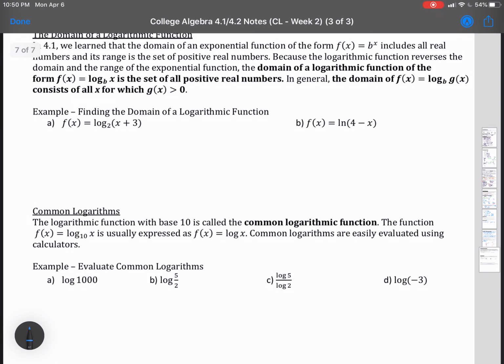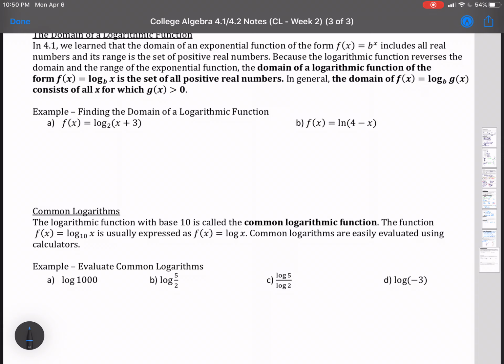All right. So with that graph, because of that asymptote and never being able to cross it, we're never going to get a negative value for our logs. That allows us to restrict the domain of a logarithmic function.